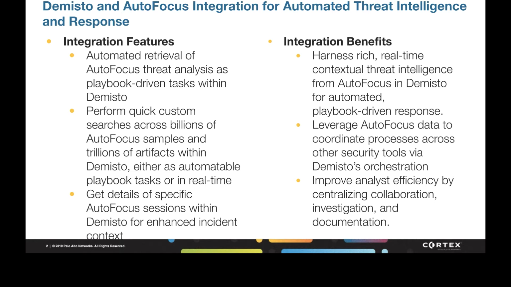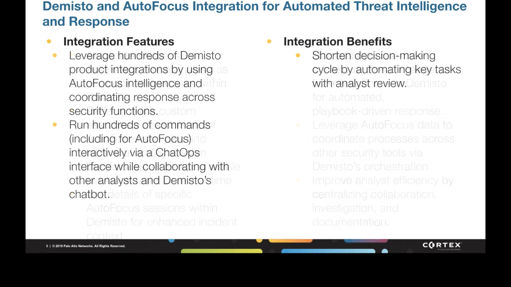Let's go over top integration features and benefits. Some of the top integration features of Demisto and AutoFocus integration involve automated retrieval of AutoFocus threat analysis as playbook-driven tasks within Demisto, performing quick custom searches across billions of AutoFocus samples and trillions of artifacts within Demisto, either as automatable playbook tasks or in real time, as well as getting details of specific AutoFocus sessions within Demisto for enhanced incident context, as well as leveraging hundreds of Demisto product integrations by using AutoFocus intelligence and coordinating response actions across security functions.